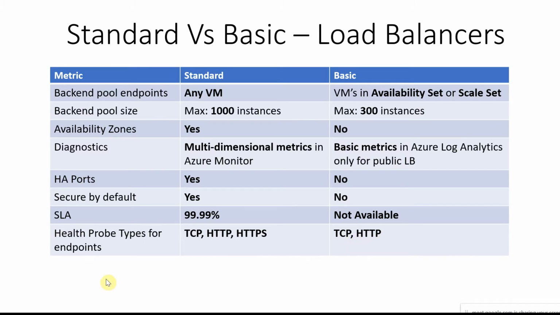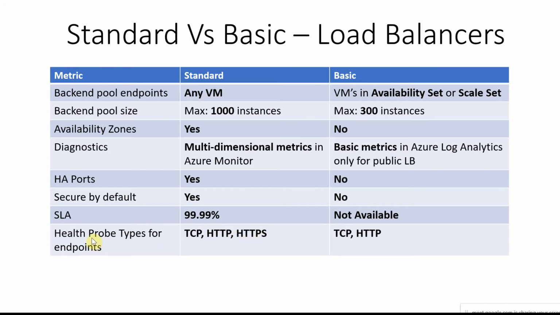Don't confuse this with the UDP protocols which I mentioned. This is for the VM probe types. The probe will monitor your VM, where you can deploy an HTTP or HTTPS web application.